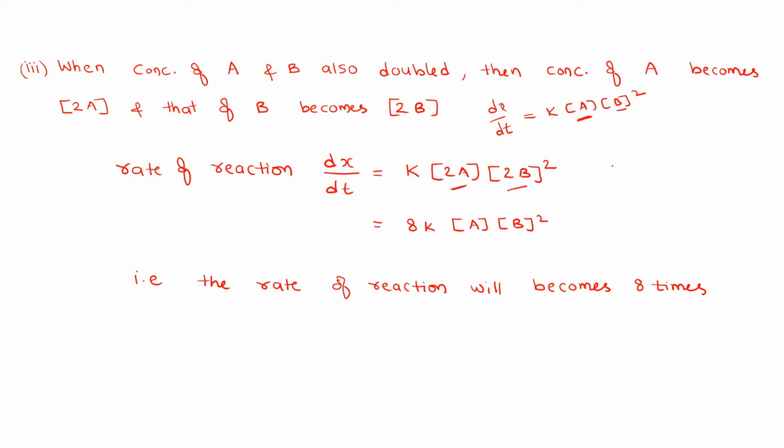Now here 2 into 2 whole square, that is 2 into 4, which is 8 times. Then again take k, A, and B square. Now this will again be the rate of reaction dx by dt. So the rate is increasing 8 times. This will be the answer.